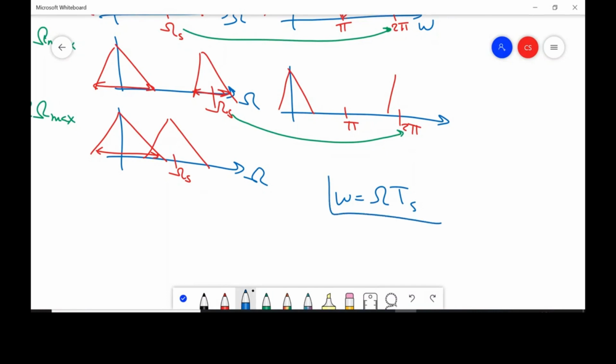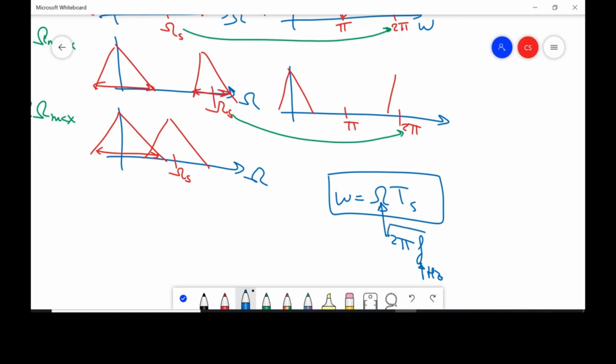So we can convert any continuous frequency, and just a reminder, this is pi f. Okay, so f is in hertz.